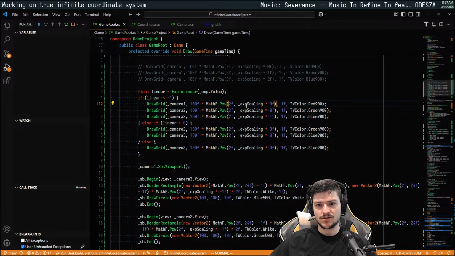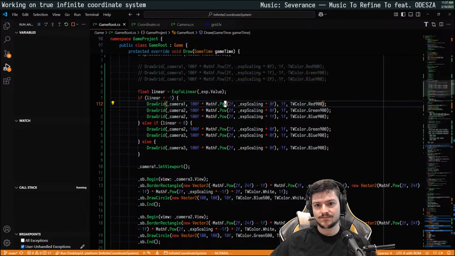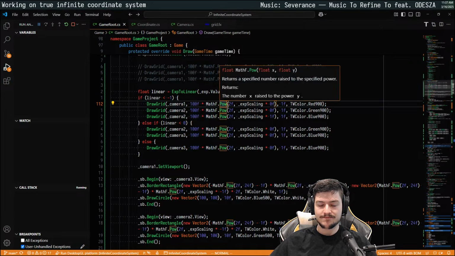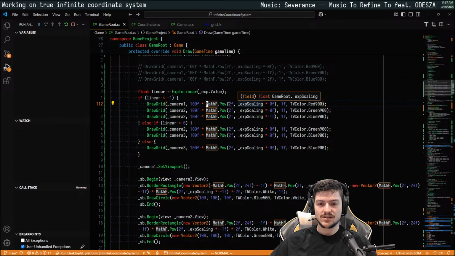This means it's 0 power to the power of 0. Two to the power... 2 to the 0 is 1. Right, so 100 times 1, to the power of 1. 2 to the power of 1 is 2. Okay.